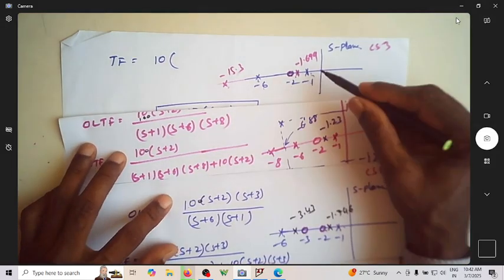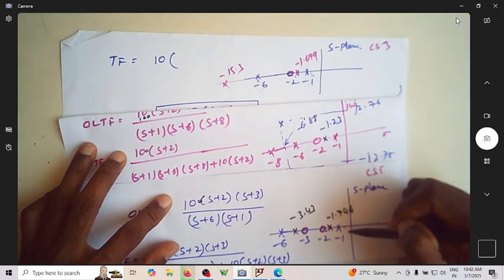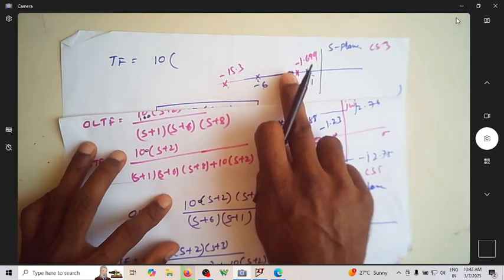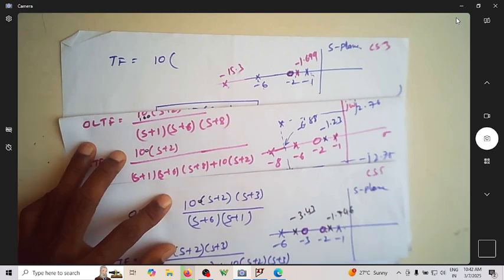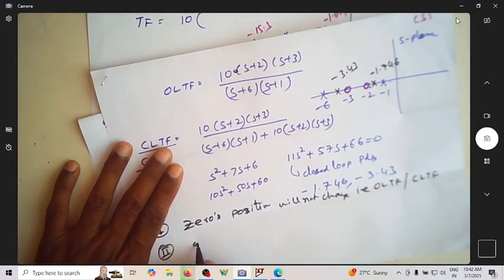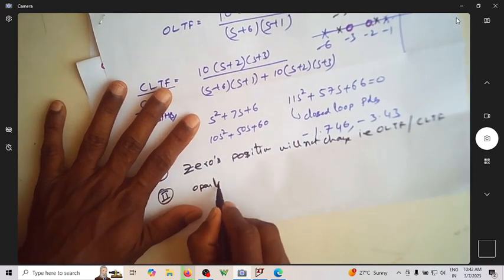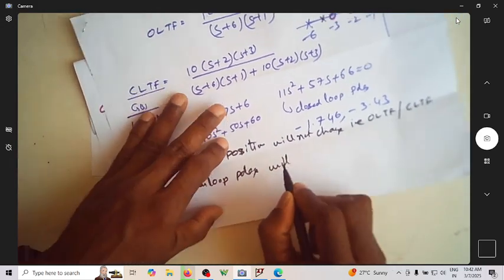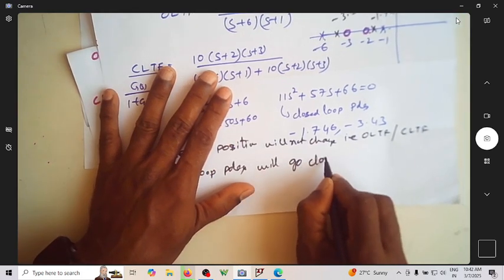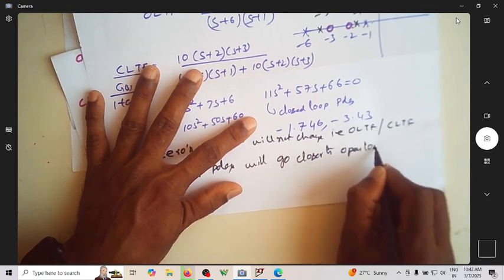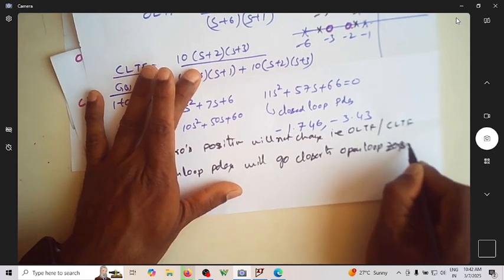Meaning to say, the open loop poles will go towards the zero position as they are becoming closed loop. Meaning, open loop poles will go closer to open loop zeros.